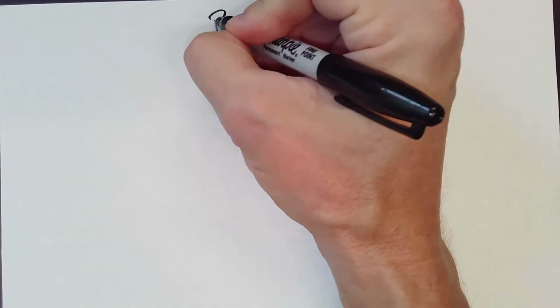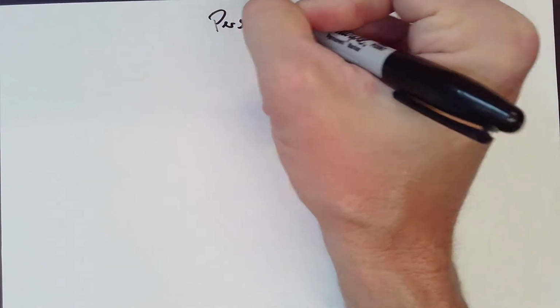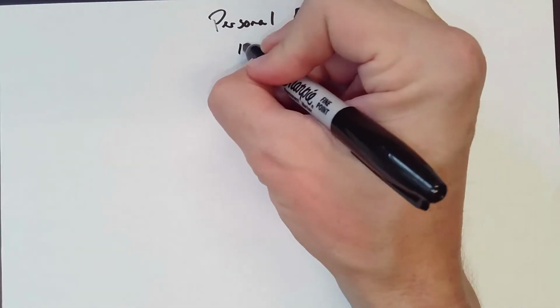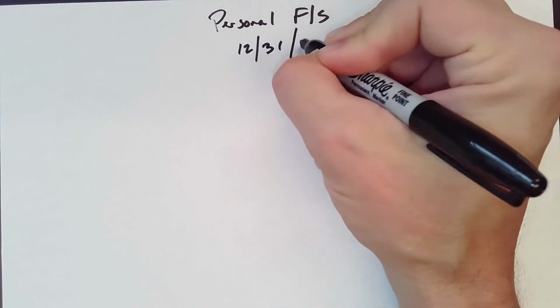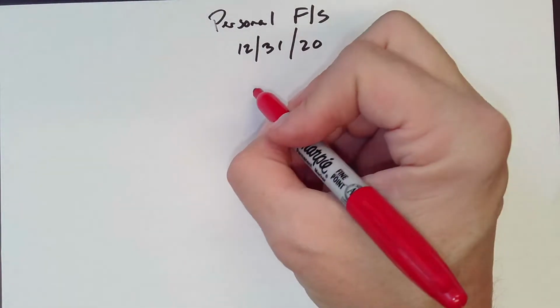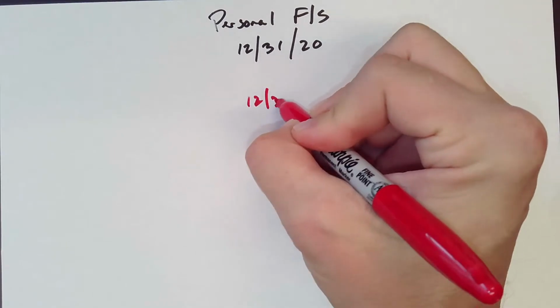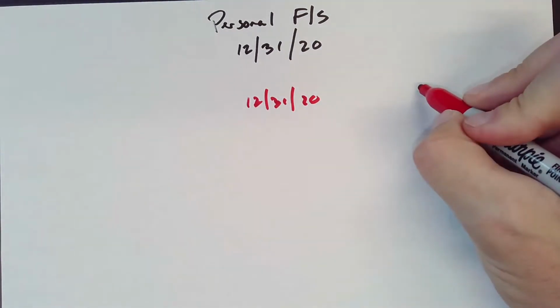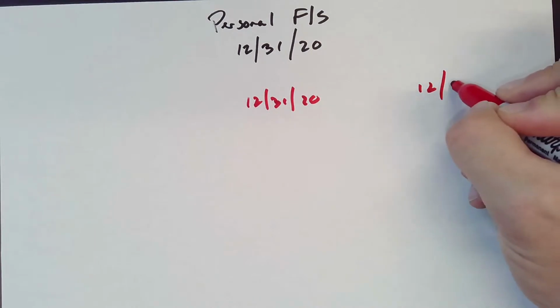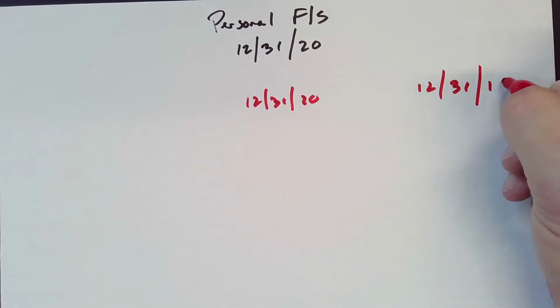Then we'll go through the process of listing out your liabilities. And this is your personal financial statements. Right? As of 12/31/20. And we're looking at both 12/31/20 and some kind of an idea about what your balance was as of 12/31/19.